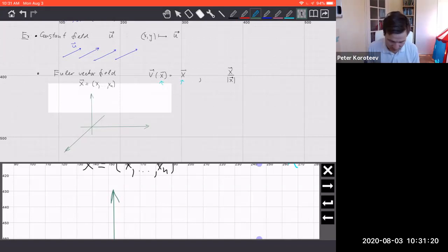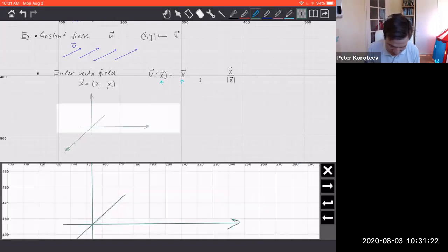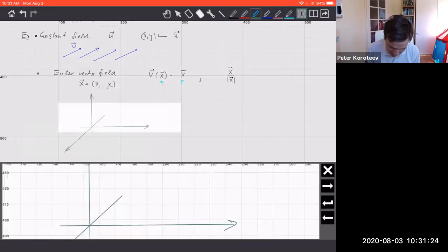Indeed, you pick every point x in space, and the rule says that you attach a vector with components equal to the coordinates of that point. Sphere, okay, when you say sphere, we'll get to that.